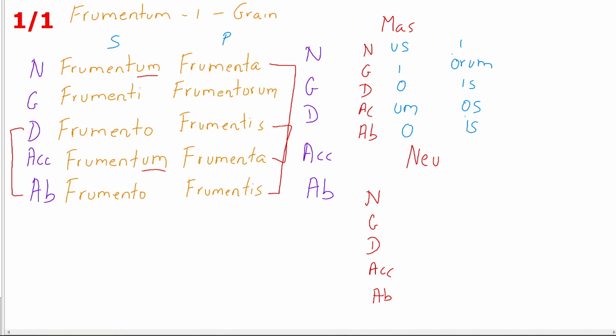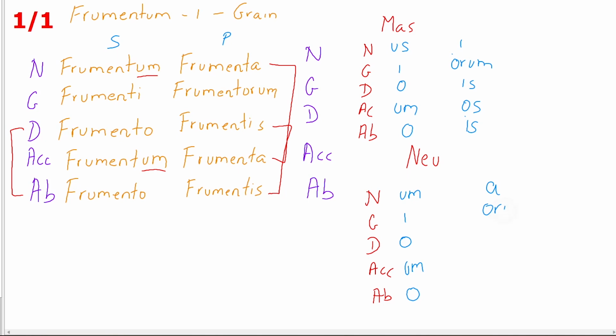Now neuter we said nominative singular ends with um. Genitive singular i. Dative singular o. Accusative singular um. Ablative singular o. Here comes the change. Nominative plural will end with a.